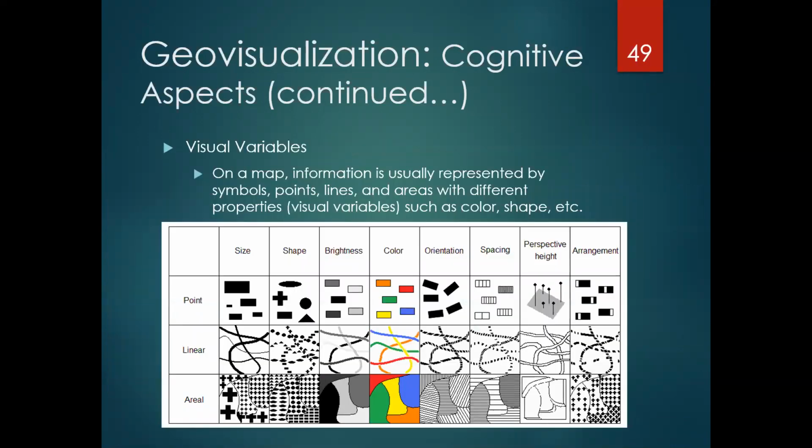And in our geovisualization, we use visual variables to convey information, right? There are different types of them: point variables, linear variables, areal variables, and each variable has a lot of features, such as size, shape, brightness, color, orientation, spacing, perspective, height, arrangement.